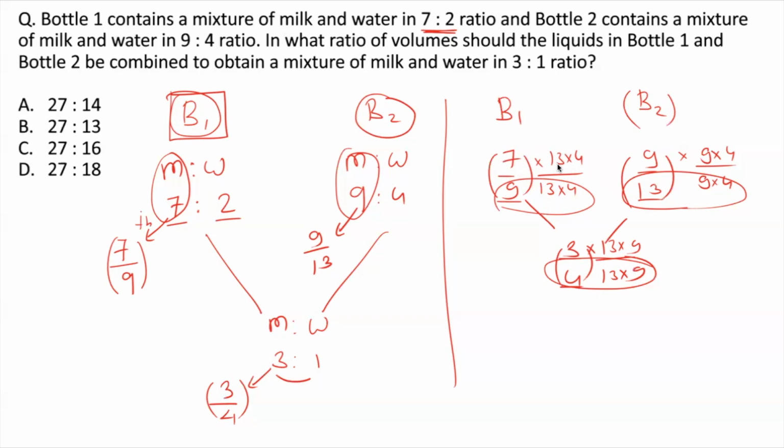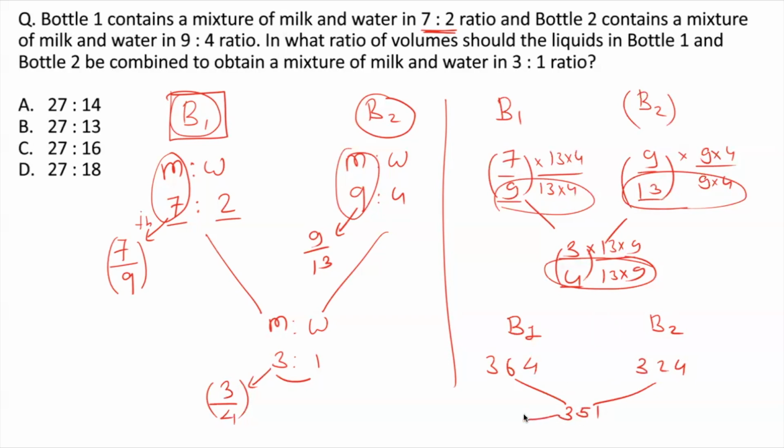So 7 into 13, 91 into 4, bottle 1 contains 364 units of milk out of the total. Bottle 2 contains 9 nines are 81 into 4, 324 units of milk. And the final mixture contains 39 into 9, that is 40 minus 1 into 9, 351 units of milk in the final mixture.